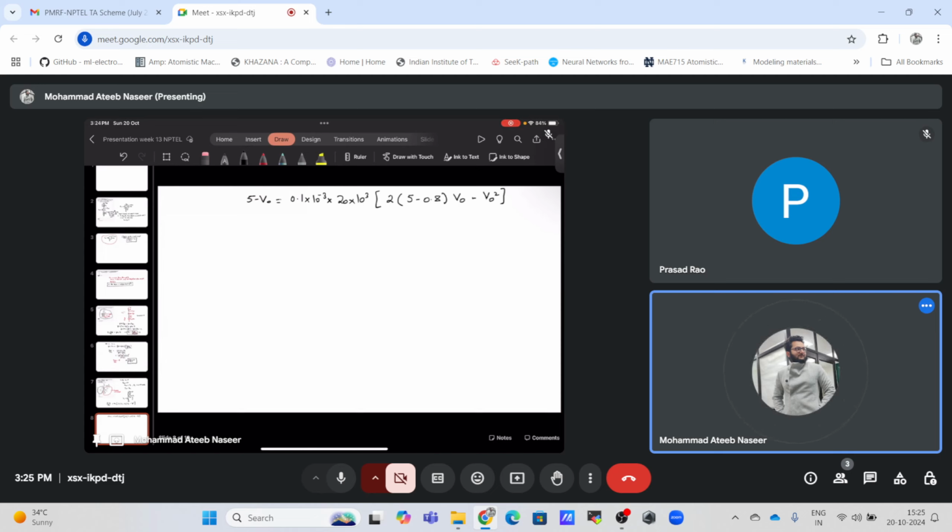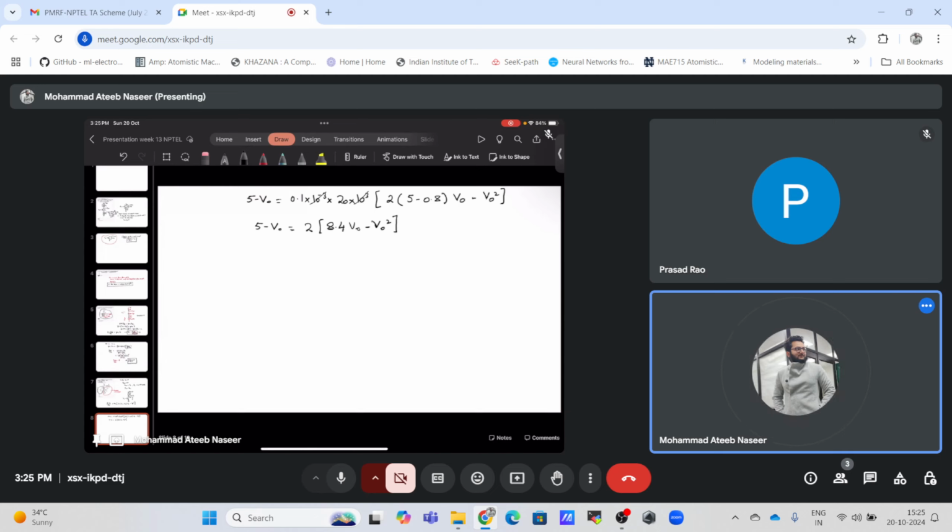So this will go with this, so it's 5 minus V0 is 2 times 8.4 times V0 minus V0 squared.